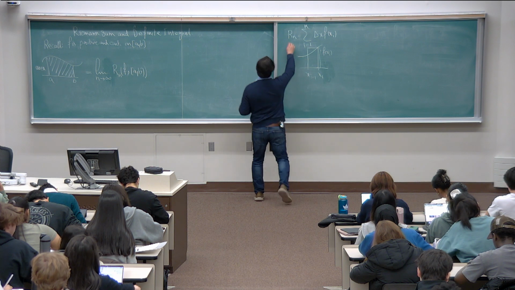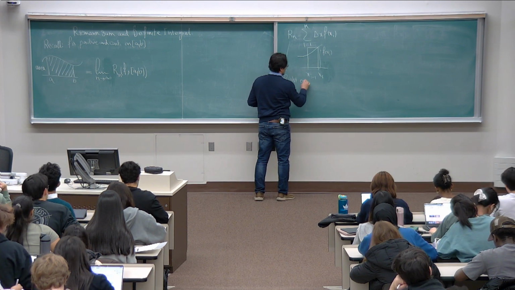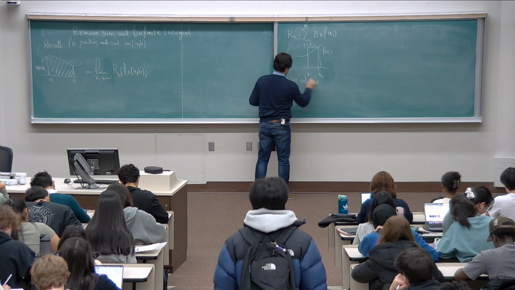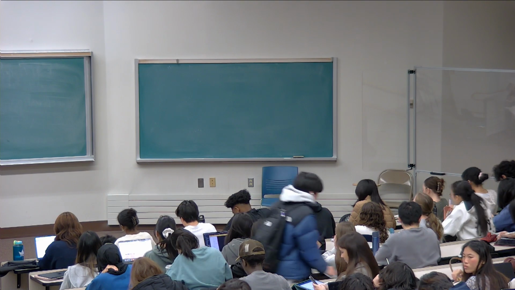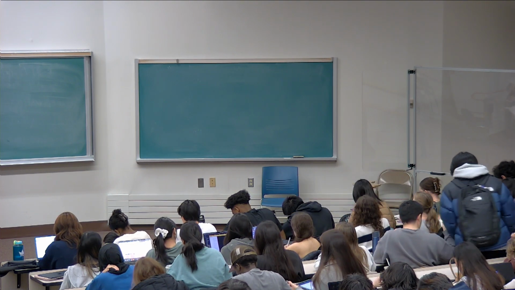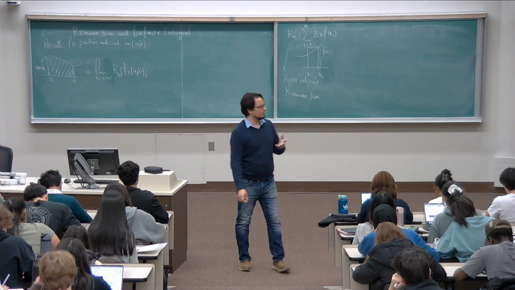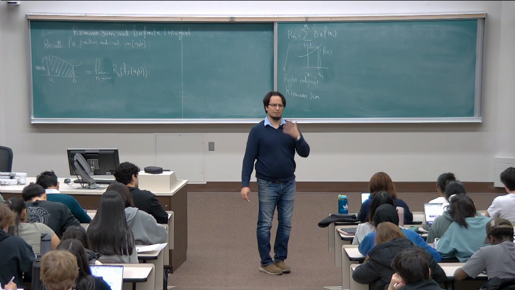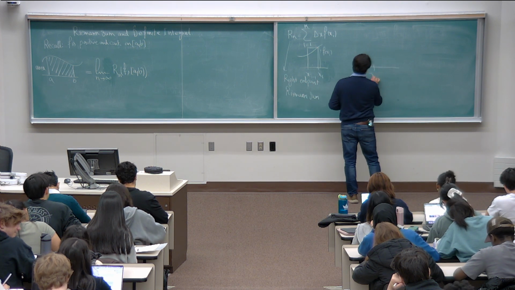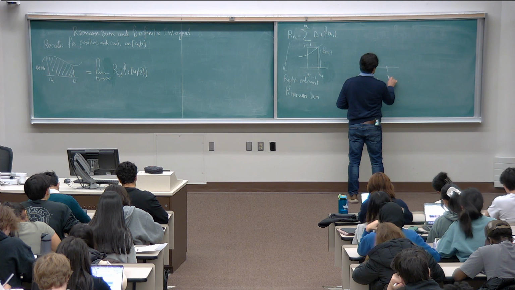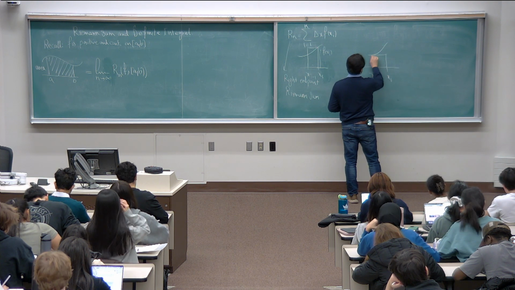So this we call the right endpoint Riemann sum. The question now is, why the right endpoint? Why didn't we choose the left endpoint, for example, x_{i-1}? If the function is like that, why don't we use this value?